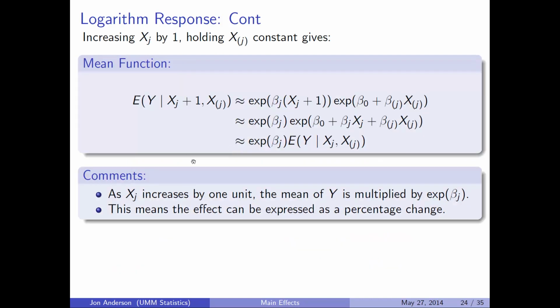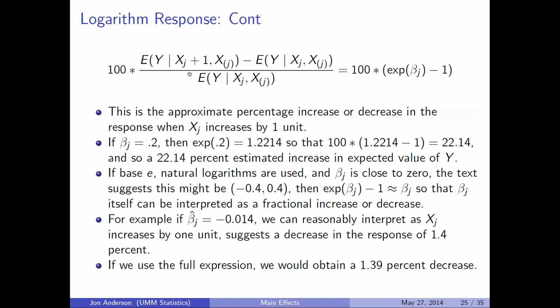So I use these expressions right here, comparing the mean function for xj plus 1 relative to the mean function at xj, and you can make this change over the base percentage change expression. Simplifying, we can see that it's going to equal 100 times e to the beta j minus 1, and we can get a percentage interpretation.